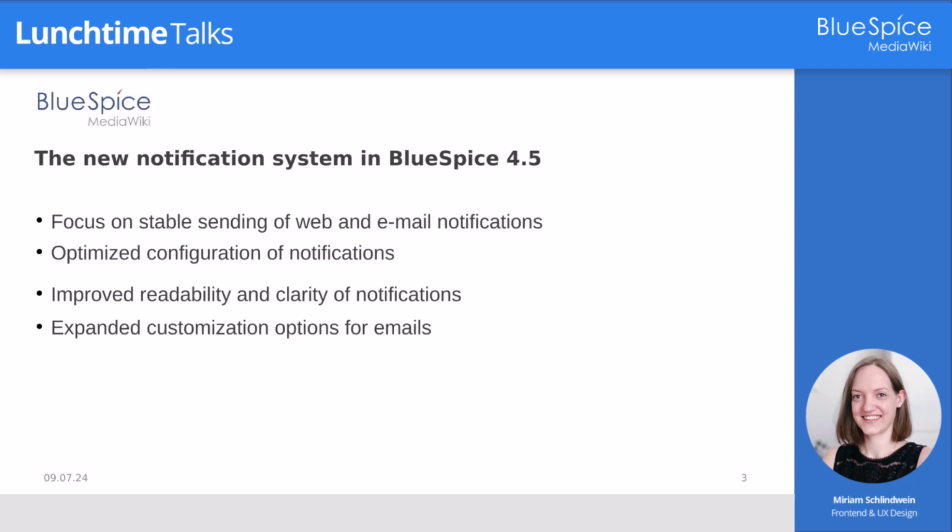Maybe you remember how it was done before BlueSpice 4.5: there were lots of radio buttons where you can select which notification you want to get for anything. I cannot remember correctly how they were done, so that's changed and improved for usability. So that's also easier.